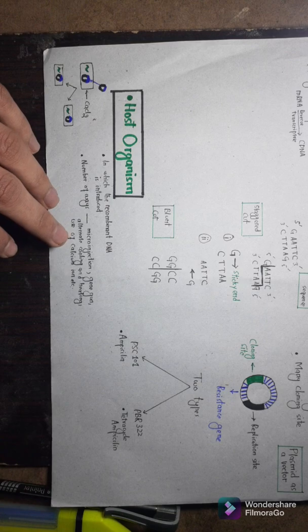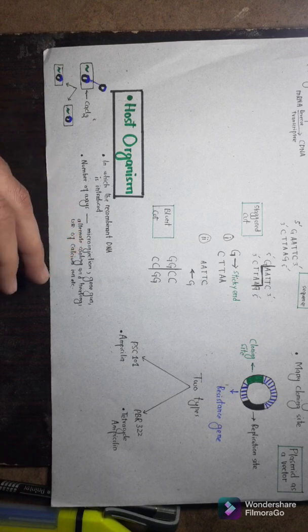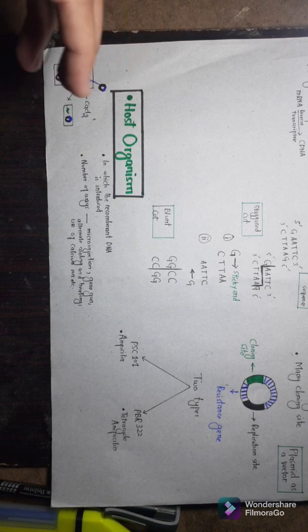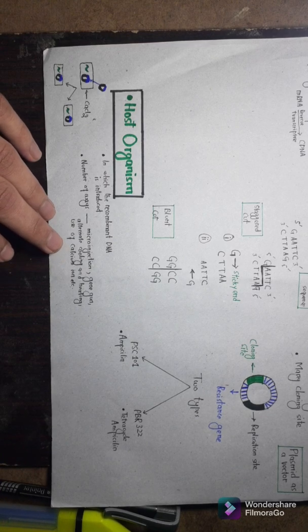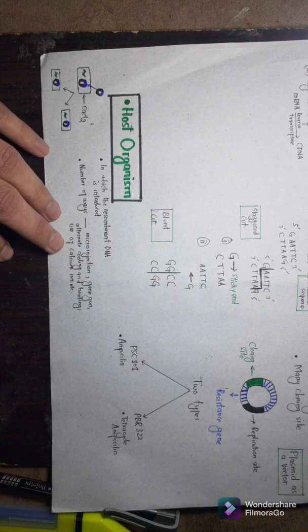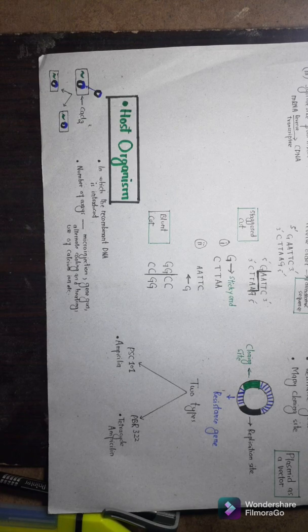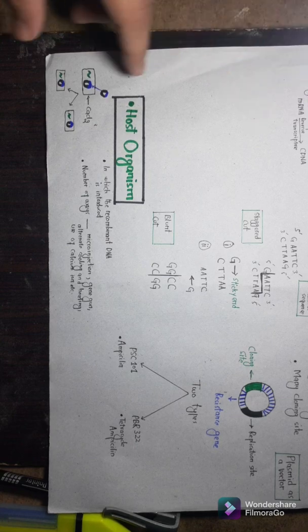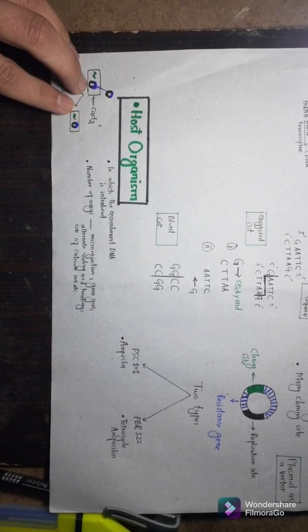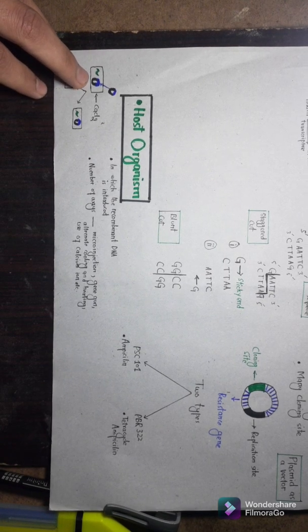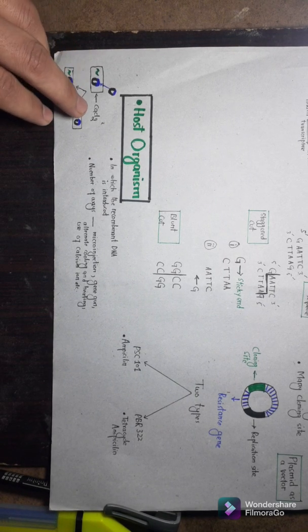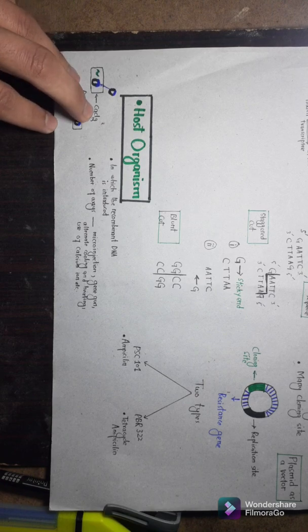There are a number of ways: genetic engineers insert it through microinjection, gene gun, or alternate cooling and heating with the use of calcium ions. Like when we insert a plasmid into a host organism or bacteria, we can treat it with calcium chloride.